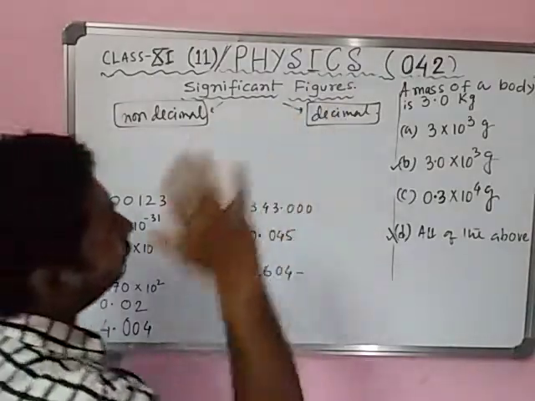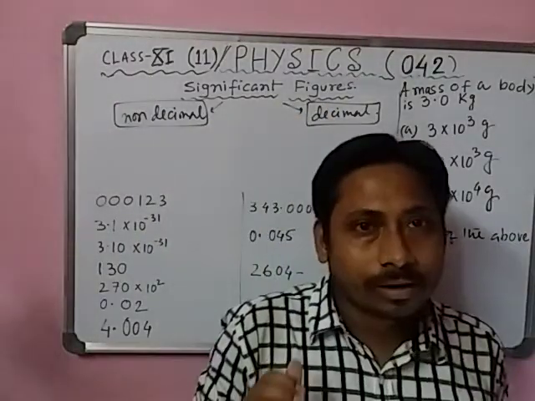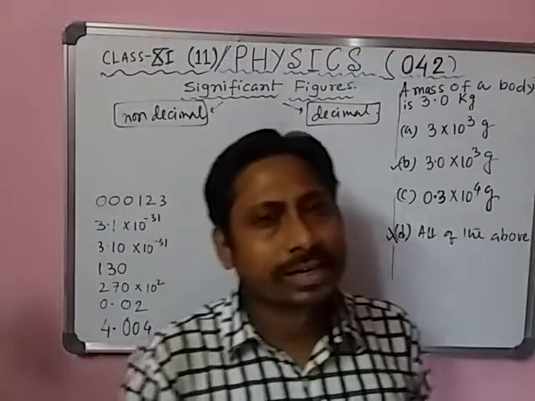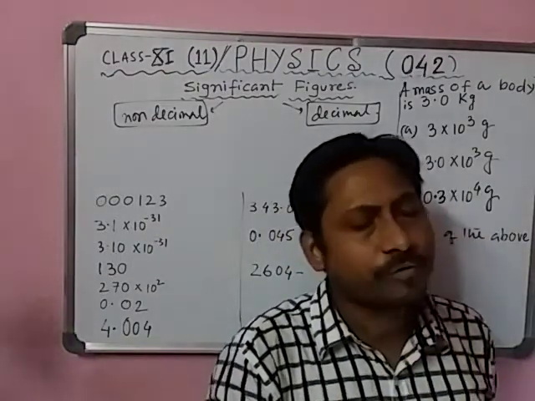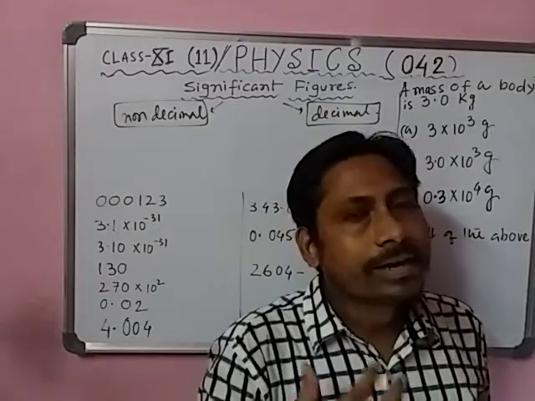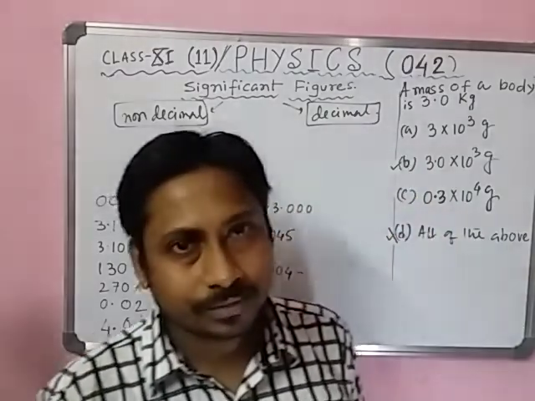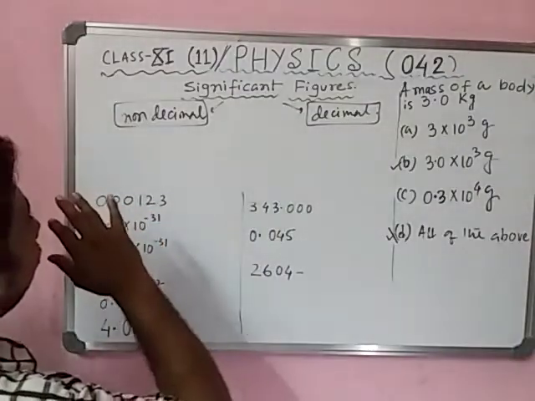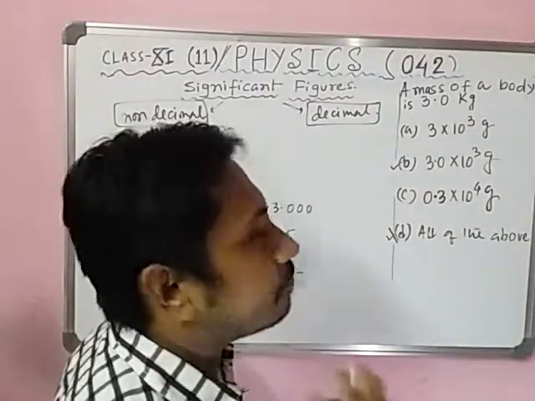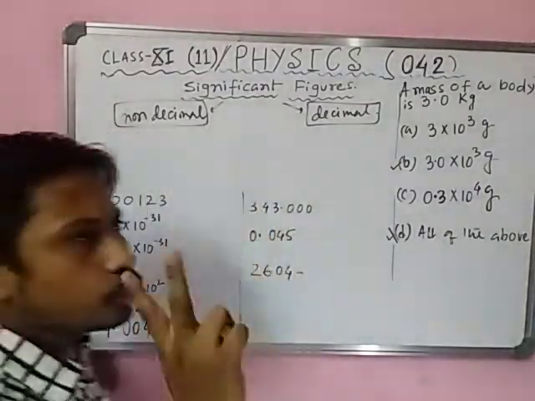In your book, any book, there are many rules which you have to follow to find the number of significant figures. But I have a trick to remember: you can find how many significant figures there are with the help of only two rules.